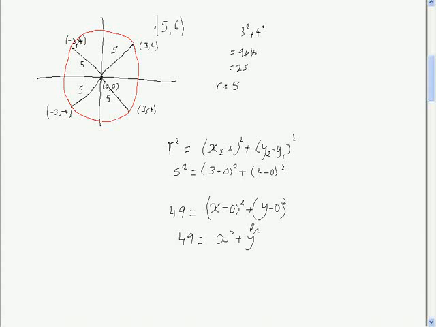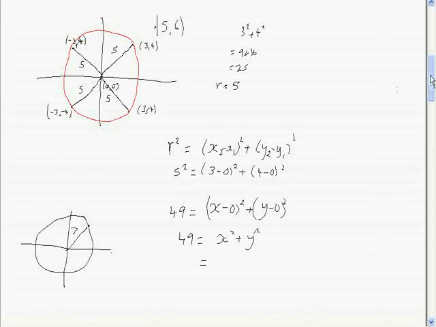So that's the equation of a circle drawn from the origin, which has a radius of 7 units. This thing here is not exactly the radius, it's the radius squared, so the radius there is 7.